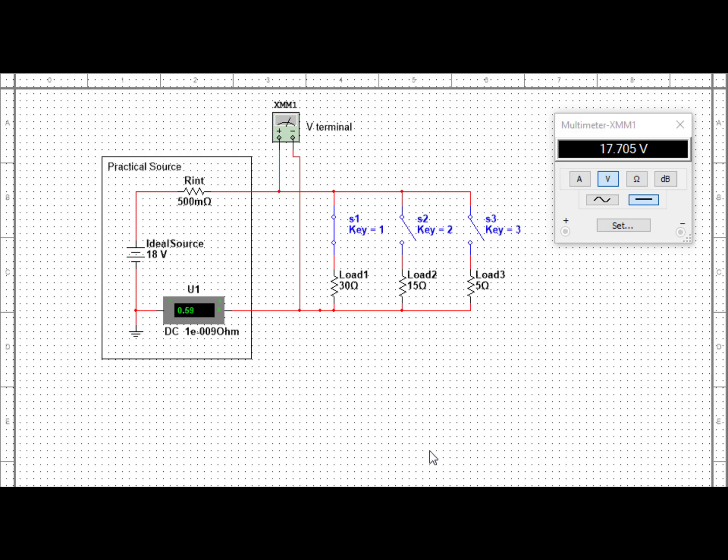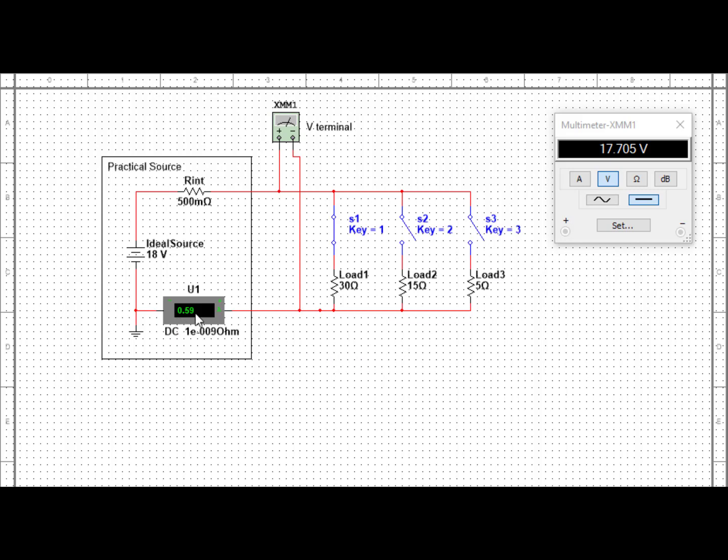So switch number 1 is closed now. And with switch number 1 closed, notice how we have a V terminal value of 17.705 volts. So that means we've essentially lost 0.3 volts of our source voltage. And how do we explain that? Well, now we have current.